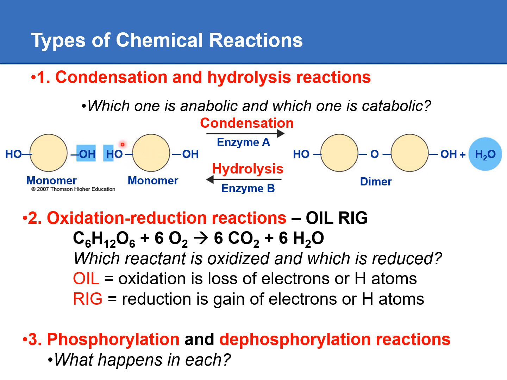Then what we're going to do is join these monomers together and squeeze a water molecule out and form this dimer. Di just means 2 and mer means part. So we've got 2 monomers joined together to make this dimer. Going from the left to the right, that would be a condensation reaction.